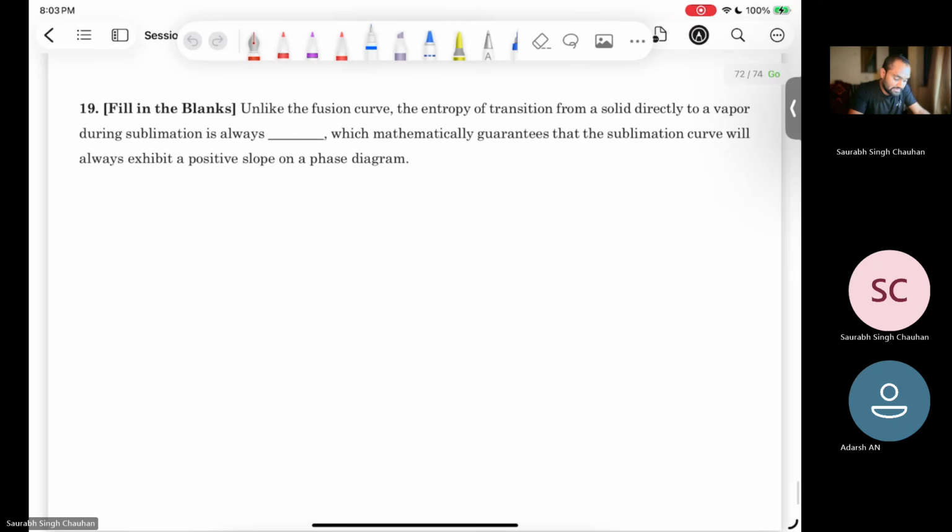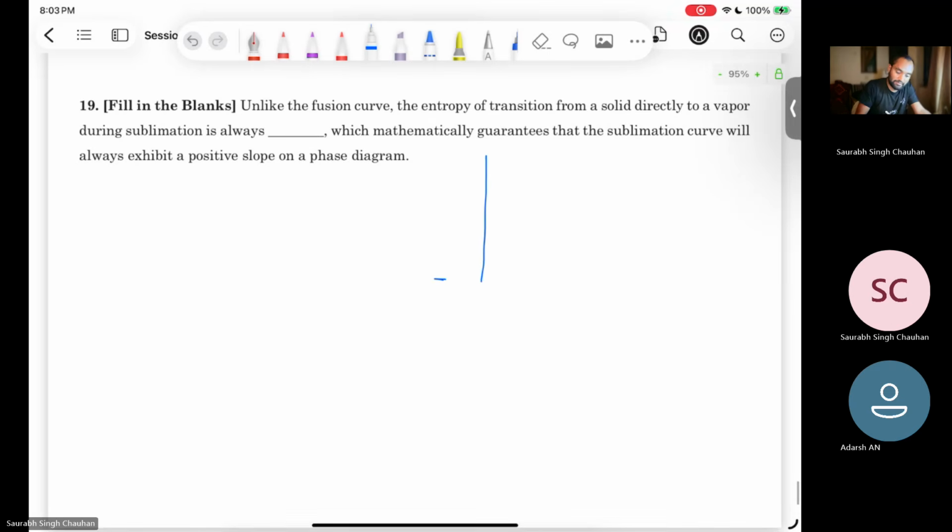Okay, question number 19. It's saying that unlike the fusion curve, the entropy of transition from a solid directly to a vapor during sublimation is always positive, which mathematically guarantees that a sublimation curve will always exhibit a positive slope on the phase diagram. Yes, it is correct. On the PT phase diagram, the sublimation curve has always positive slope.